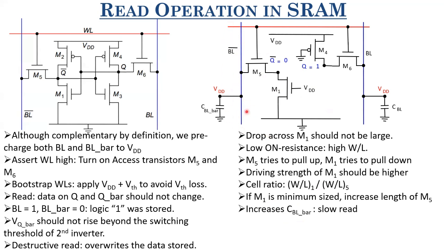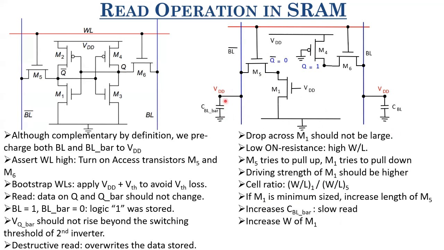Once this capacitance is increased, the time it takes to charge or discharge this capacitor would increase, so you will have a slow read. So the only option that we are left with is to increase the W of M1, and that is a feasible solution.